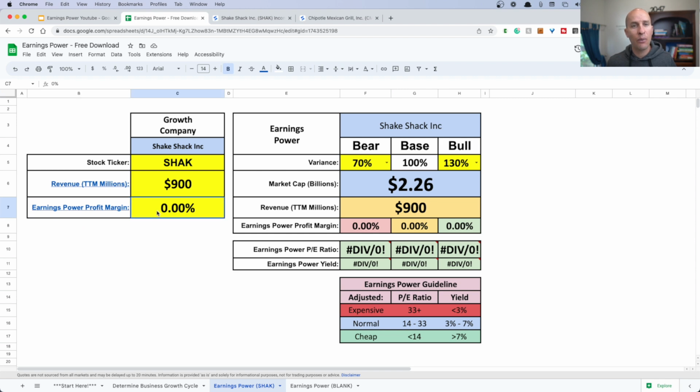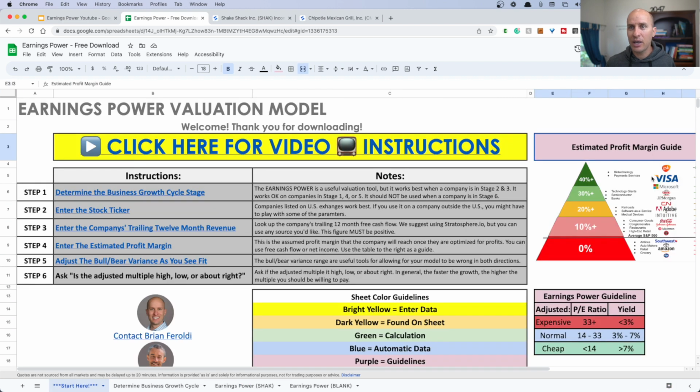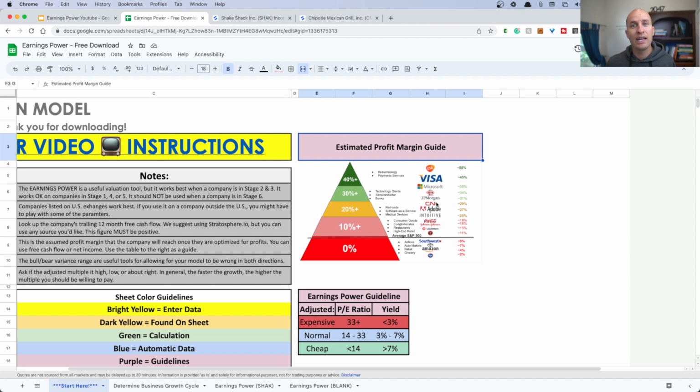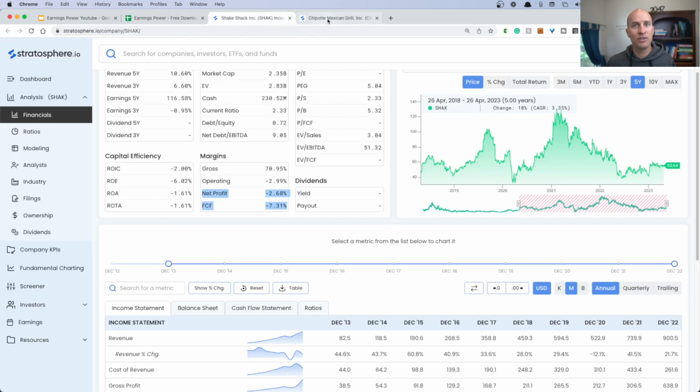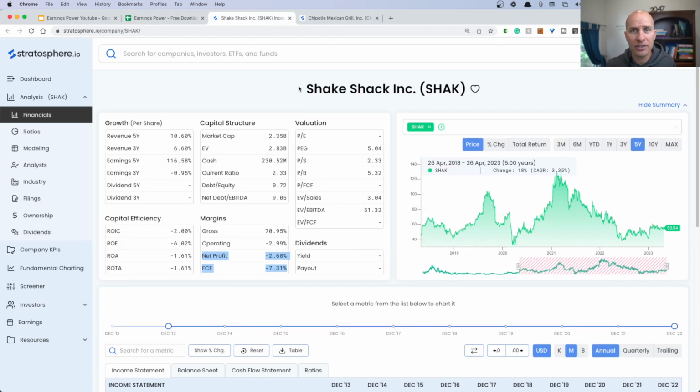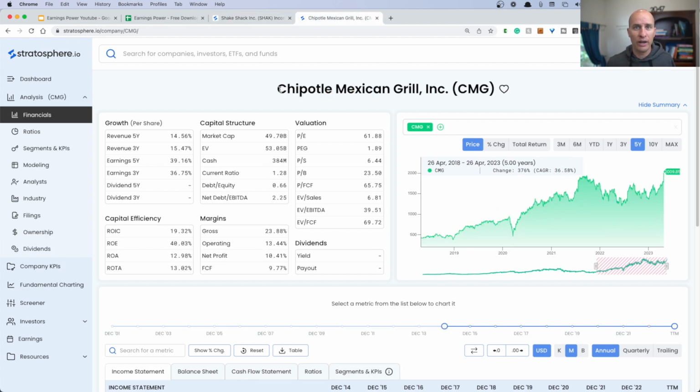earnings power, what kind of profit margin could Shake Shack deliver if it focused on profitability today? Well, there's lots of ways we could answer that question. If you look over on the Start Here tab, we have a little picture that shows you the profit margins by a variety of industries and some numbers that you can use, with some example companies. But one way to figure this out is to look at a comparison to Shake Shack, which is Chipotle Mexican Grill.